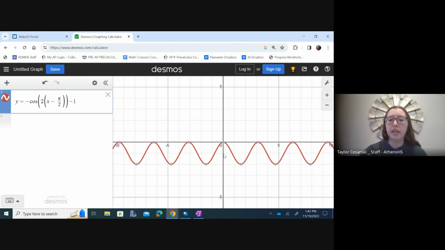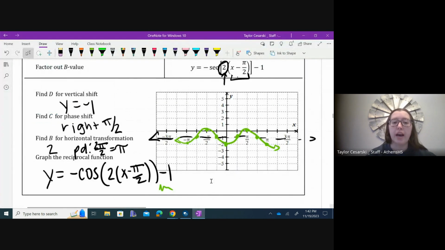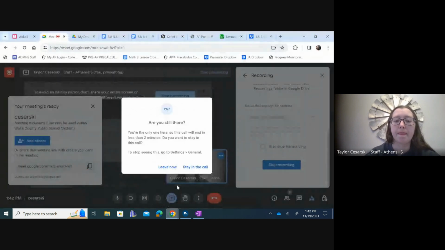Okay, so you can see though, we still have to do the phase shift, which has gone right by pi over 2. So instead of the minimum being at 0, we need to go right by pi over 2. So that right there is just my normal cosine function, but then I still need to shift it right. So if you want to use a second color, sometimes that's helpful.